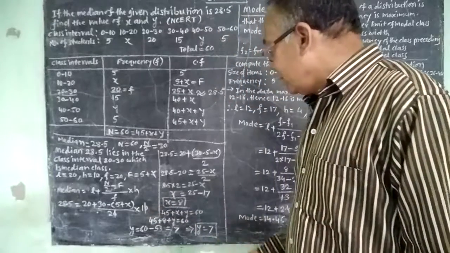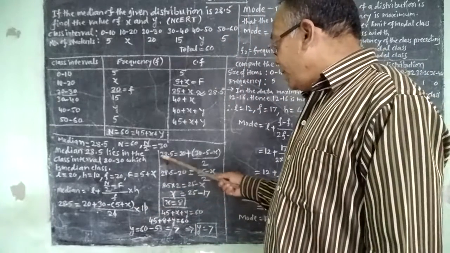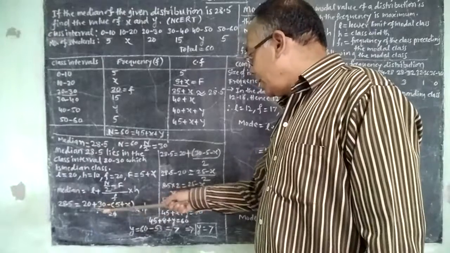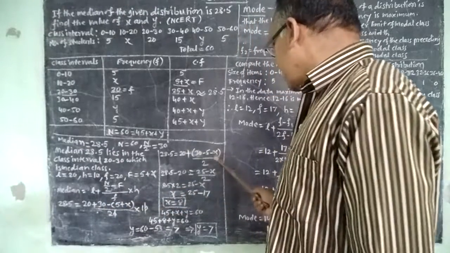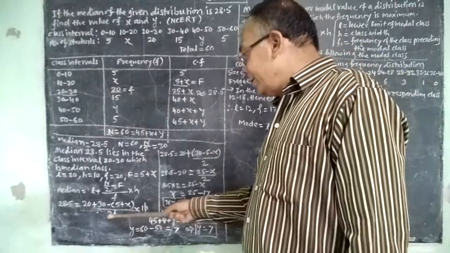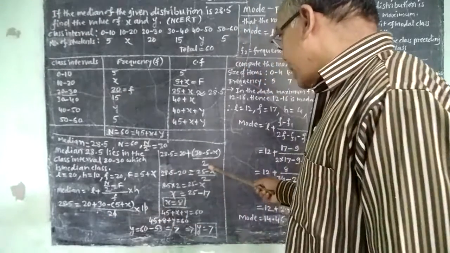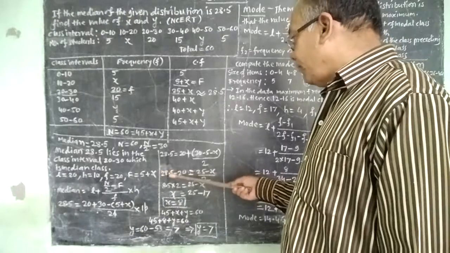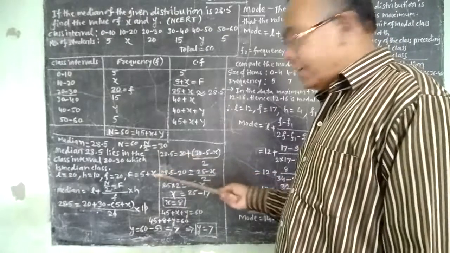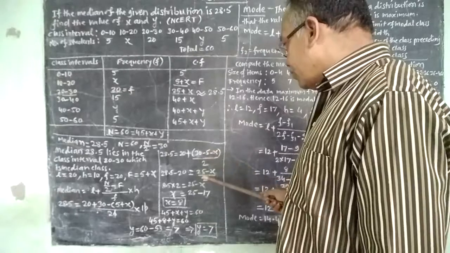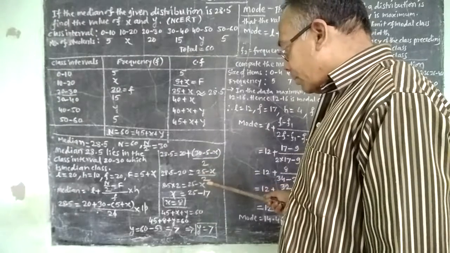Here we will get 28.5 is equal to 20 plus (30 minus (5 plus x)) divided by 20, into 10. Ones are 10, 10 twos are 20, so we will get 2 in the denominator, and therefore 28.5, this plus 20 will become minus, so 28.5 minus 20 is equal to (30 minus 5, that is 25, minus x) upon 2.